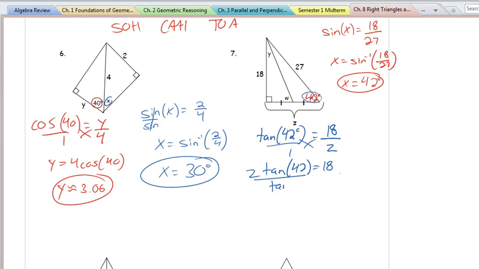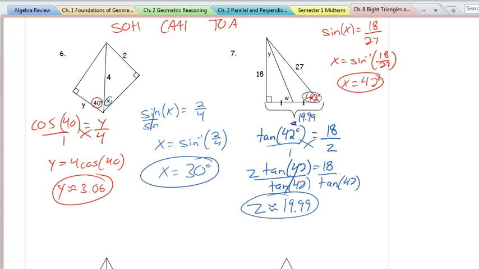Get z by itself by dividing both sides. And z is going to come out to be about 18 divided by tangent 42, 19.991, so we do have to leave it as 19.99. So that would be z here, 19.99.